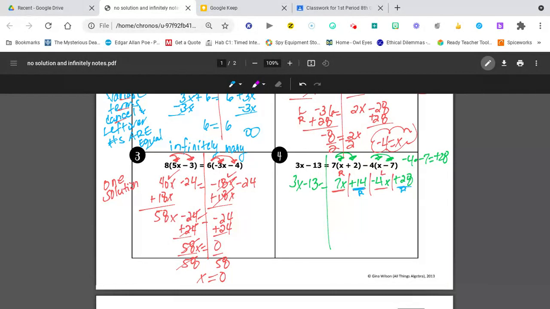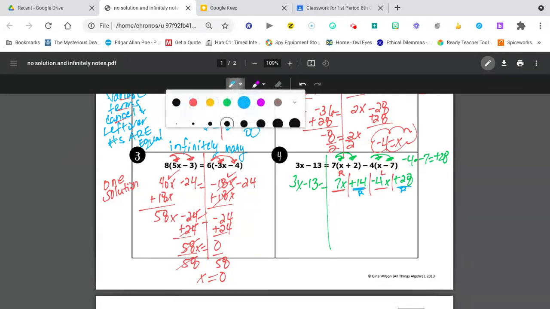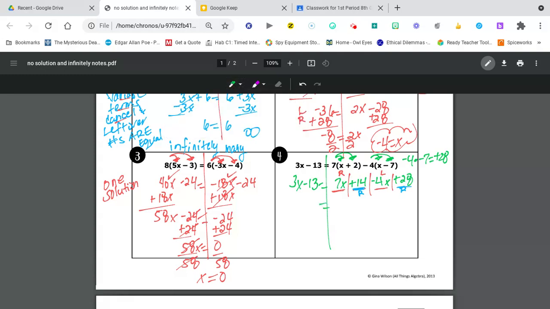Let me take care of the x terms on that side. 7x and negative 4x gives you positive 3x. And 14 and 28 gives you 42. All right, and then we're going to bring down 3x minus 13.